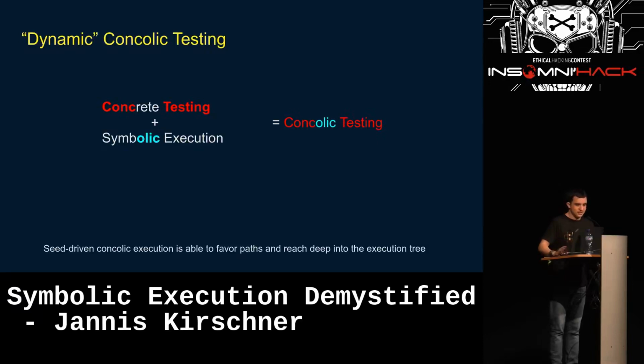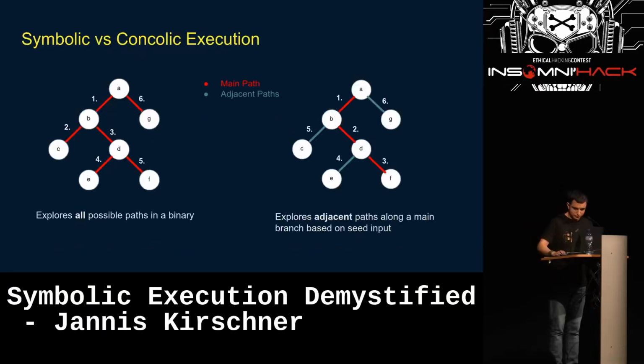We can regard it as seed-driven symbolic execution. While symbolic execution systems just walk all of your binary, usually with the DFS algorithm, you can change that. The concolic execution first concretely executes, and based on that concrete execution, branches out. So in this case, you never have problems that you can't have a termination, because it has to terminate at one point.